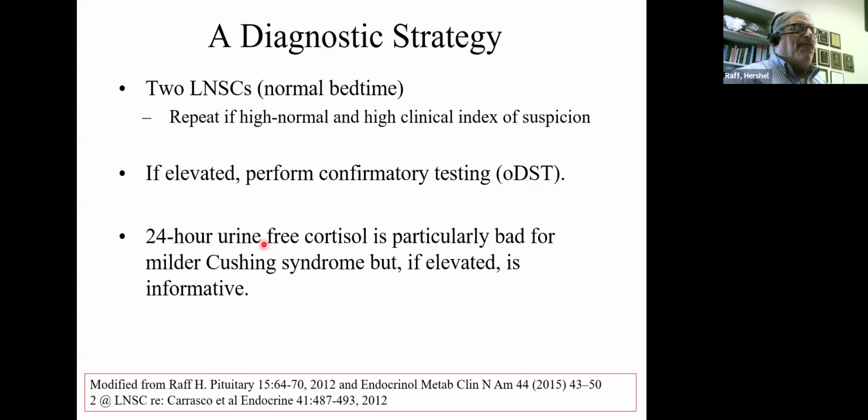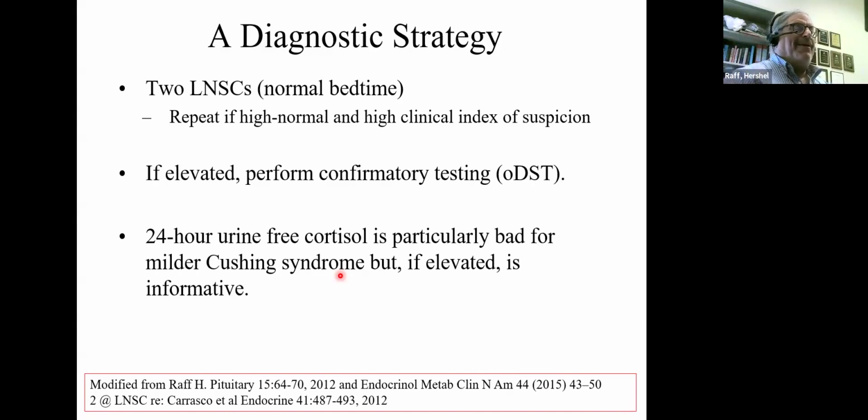The 24-hour urine-free cortisol is particularly bad for milder Cushing's, as I already explained. But if it's elevated, it's very useful. Very few false positives. About a third of our patients have a false negative urine-free cortisol. Some endocrinologists have told me it's more, depending on the patient mix.